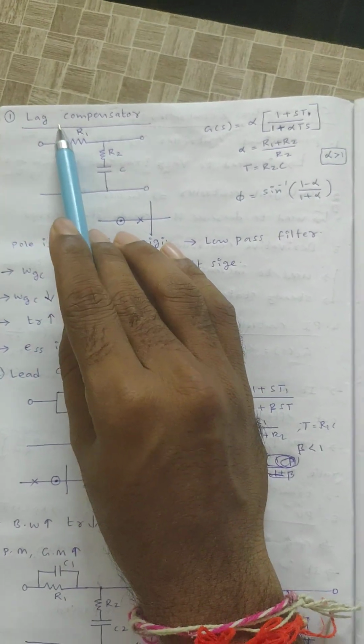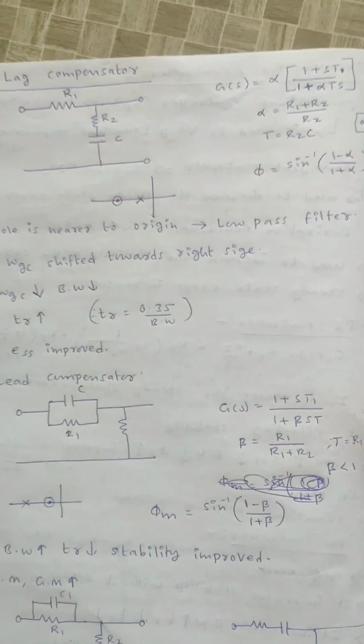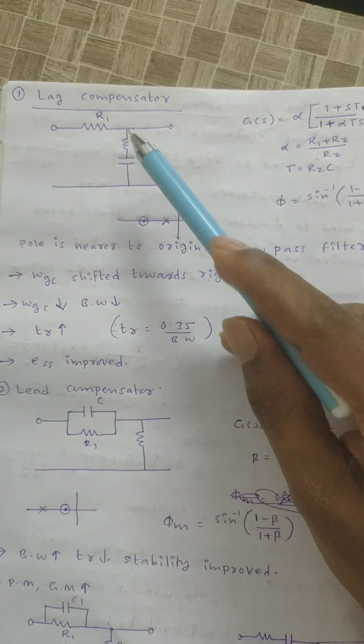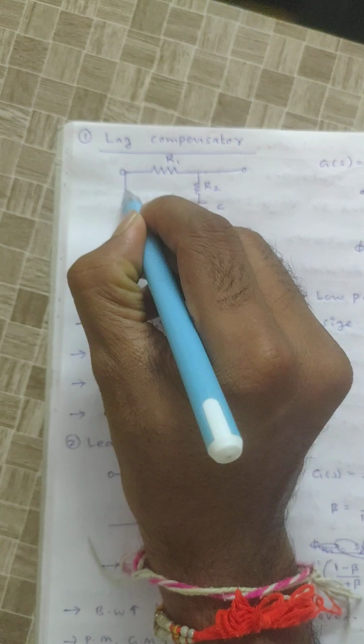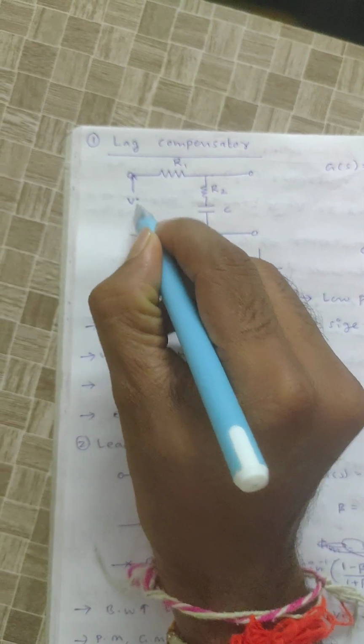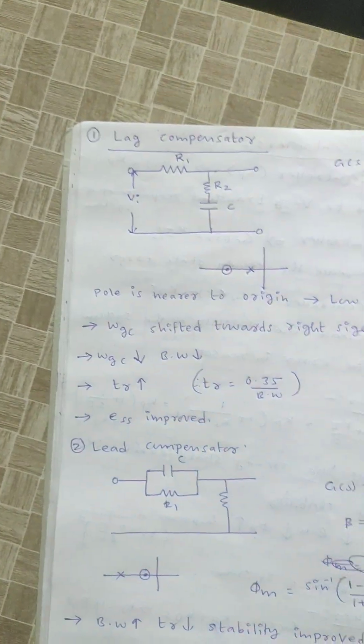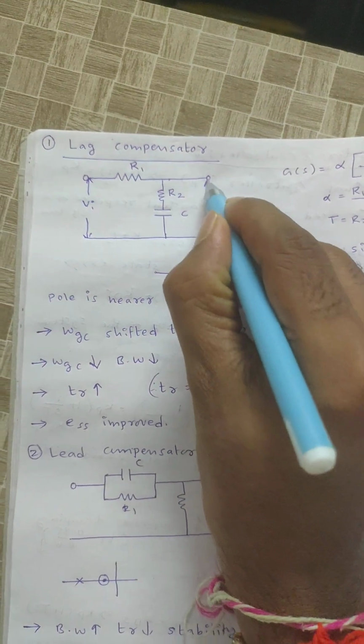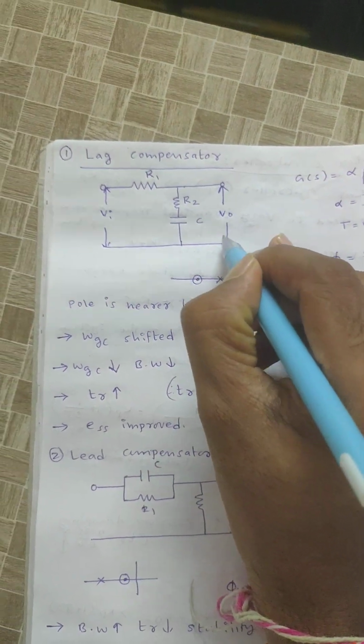First one is the lag compensator. This is the schematic diagram of the lag compensator. Here Vi is the input voltage, V0 is the output voltage.